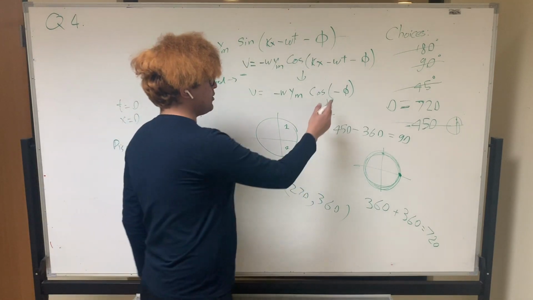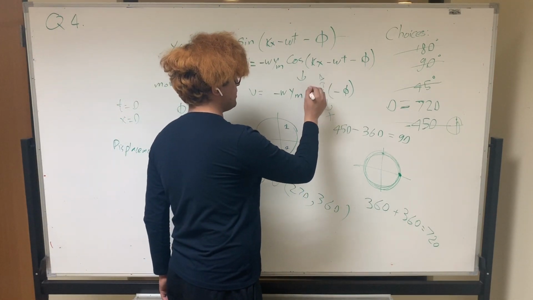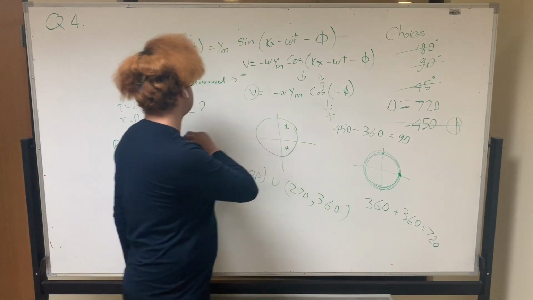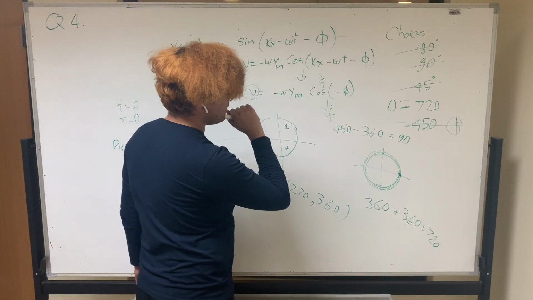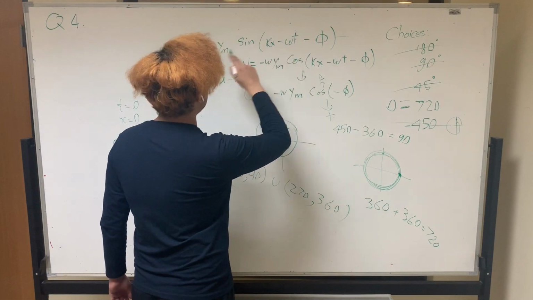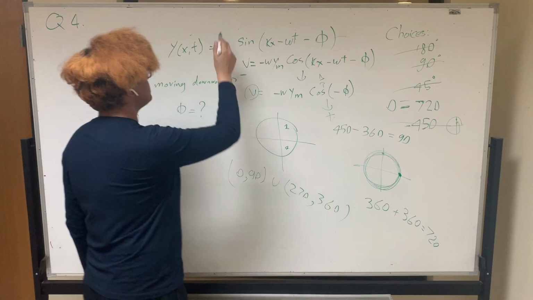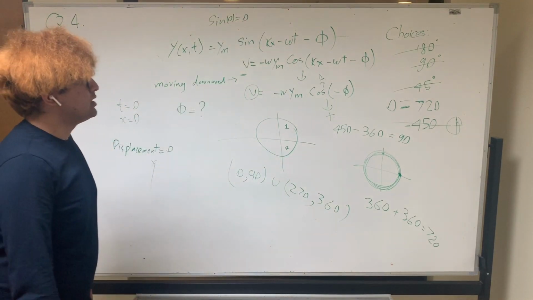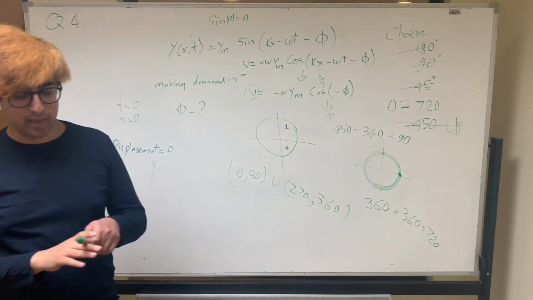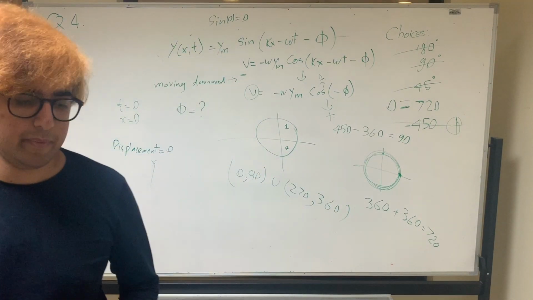And if you plug 0 here, you're going to get 1, and the velocity is going to be negative as required by the question. And if you plug 0 here, the displacement is going to be 0 as well, because sine of 0 is 0. So that's our answer, and that's it. That's the question.